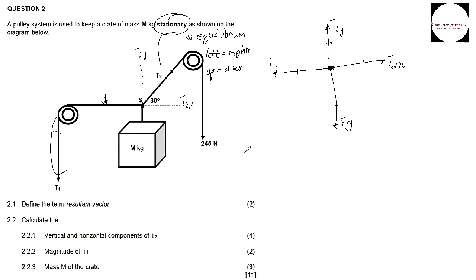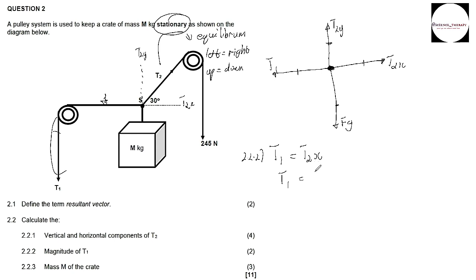Now we can use that in 2.2.2 to calculate the magnitude of T1. So T1 equals T2x, which is the same value we found as the horizontal component of T2.